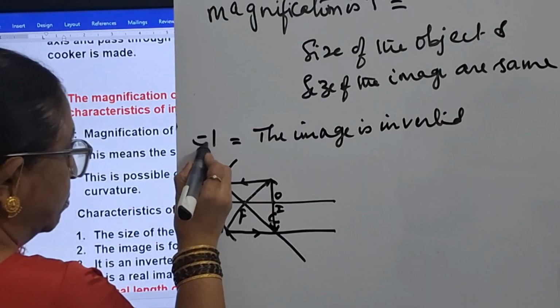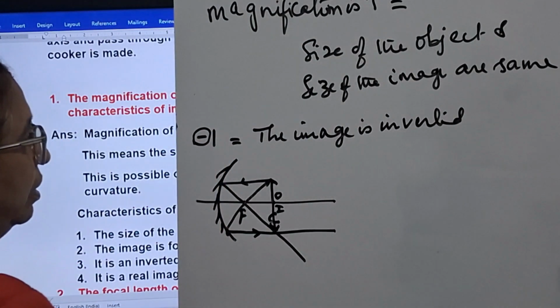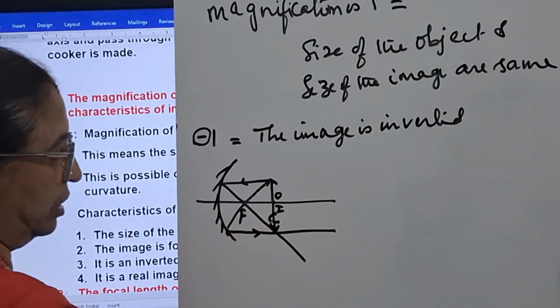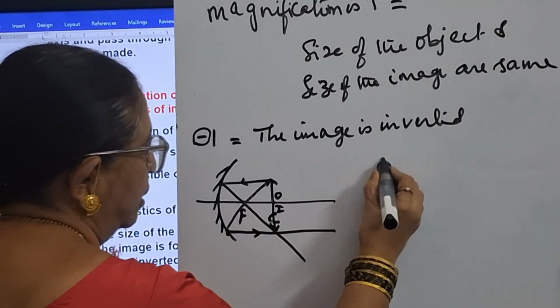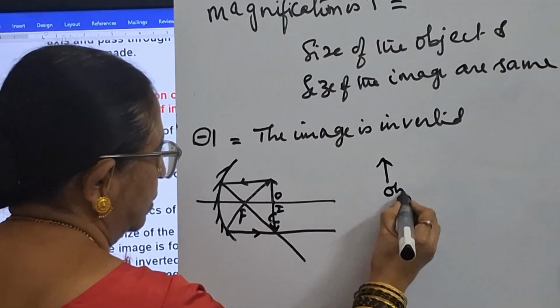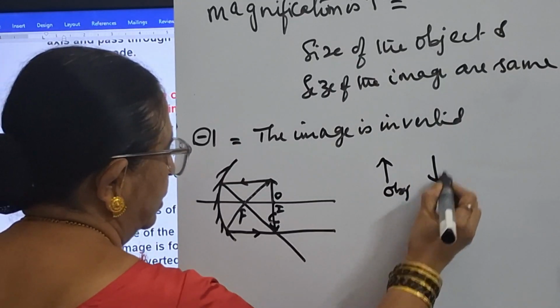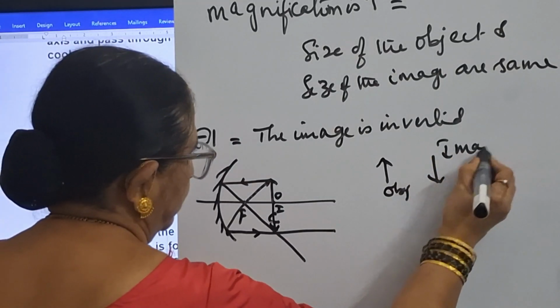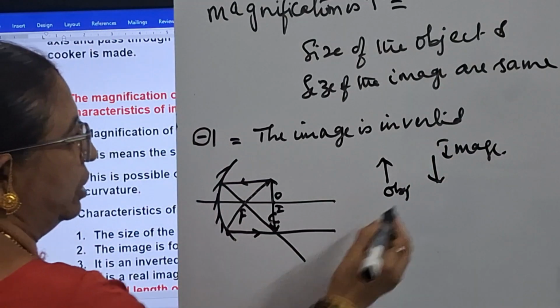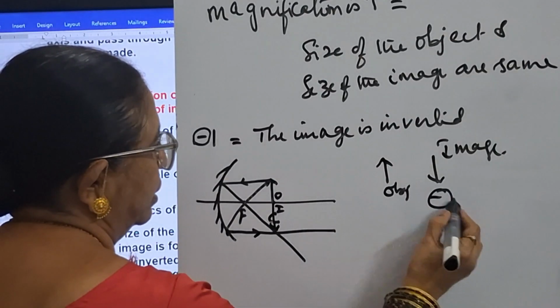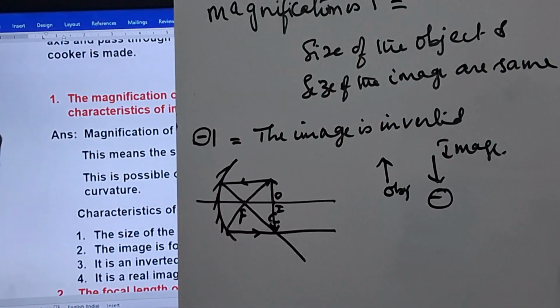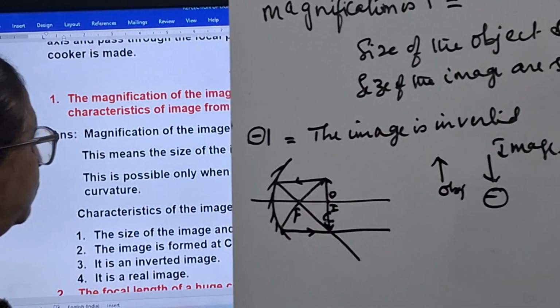And this minus indicates that the image is inverted. If this is the erect object, then this is the image. The image will be inverted. Only in this case we are considering the negative sign. So that is the meaning of this question, children.